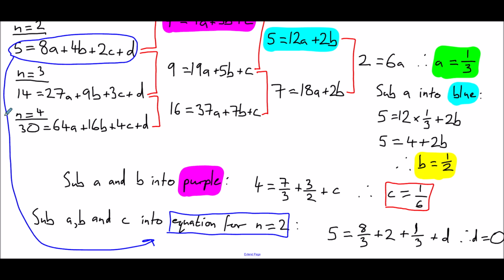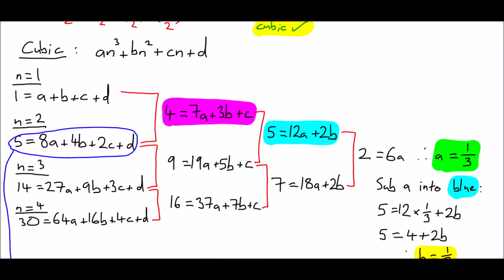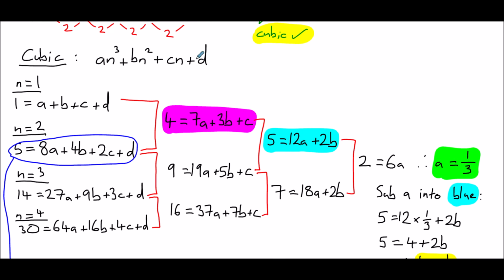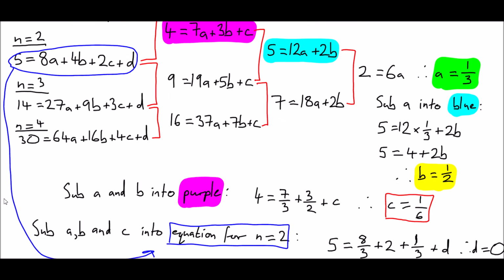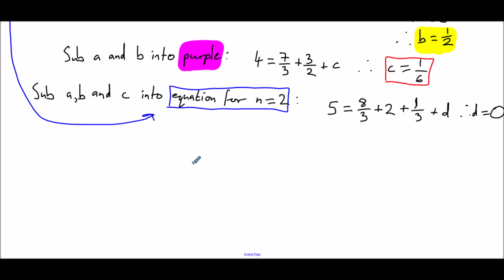So the equation an cubed plus bn squared plus cn plus d we can now simplify by putting in a, b and c. Well, d is 0, so that just goes.